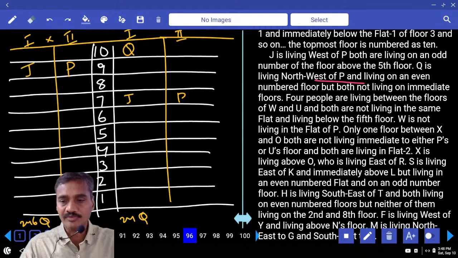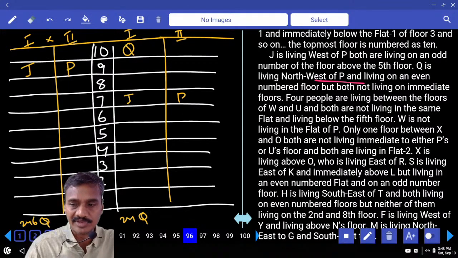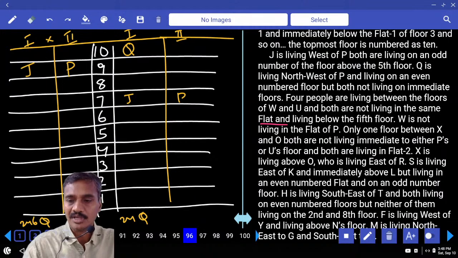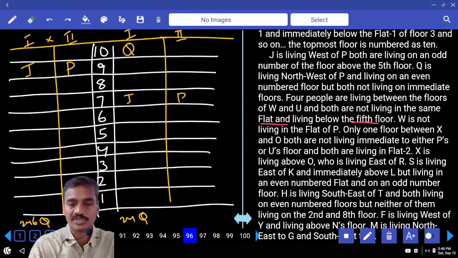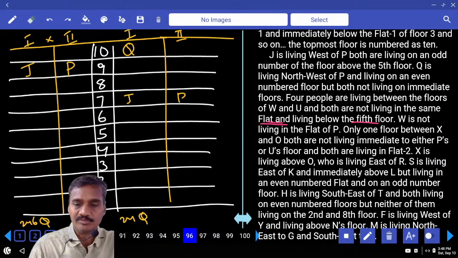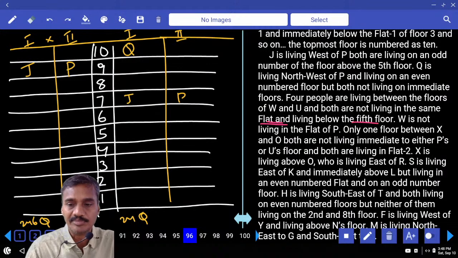Then, 4 persons are living between the floors of W and U, and both are not living in the same flat. Both are living below the 5th floor. And how many people? 4 people are living between W and U. Both are not in the same flat, and both these two are below the 5th floor.